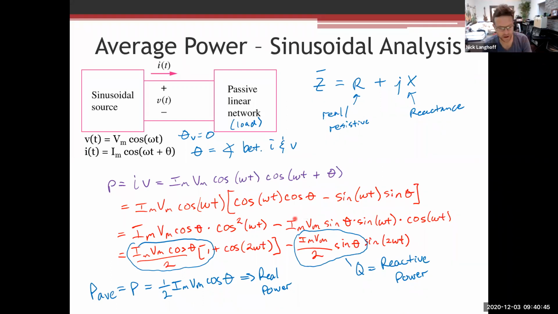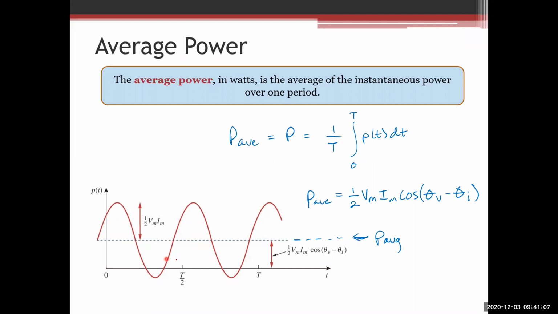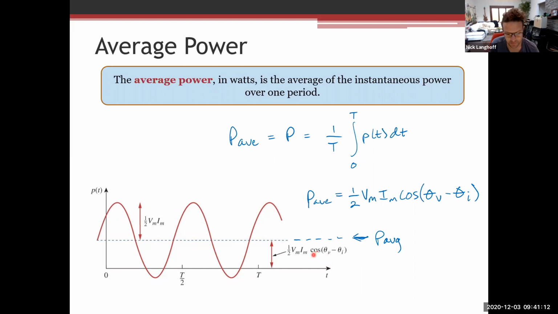But the main takeaway is that we arrived at a form showing that a DC amount of power is delivered. On the last slide, the instantaneous power is the graph shown here, the sinusoid in this burgundy color. The average power, however, is 1/2 Vmax times Imax times the cosine of the phase angle difference between the voltage and current sinusoids. That's that DC component.